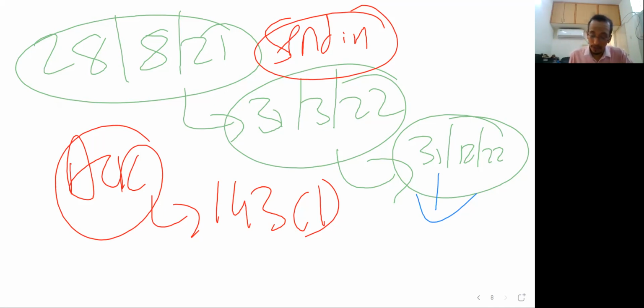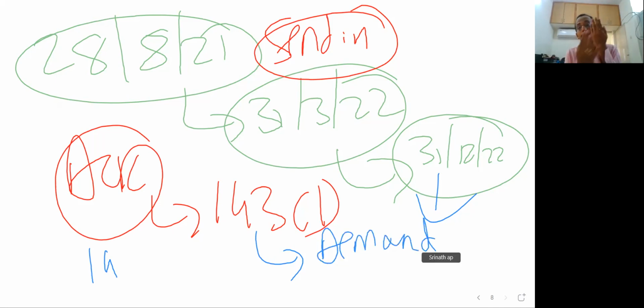The next one is when the 143.1 has been processed, and if there is a demand, whenever there is a demand, there should be a demand notice attached to that. But for 143.1, that itself will be considered as deemed demand notice.